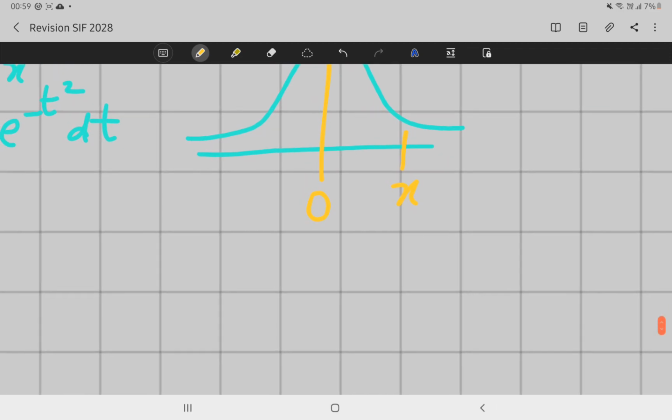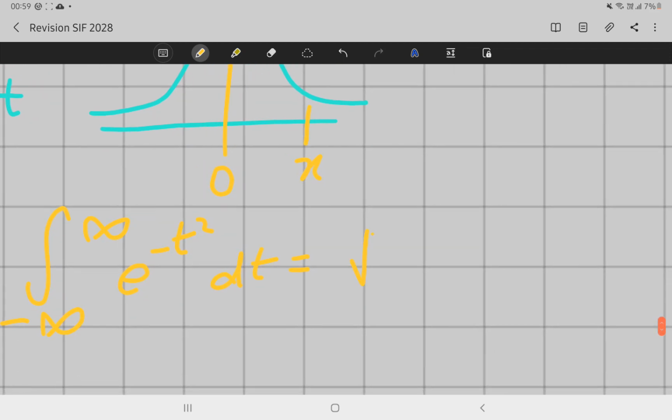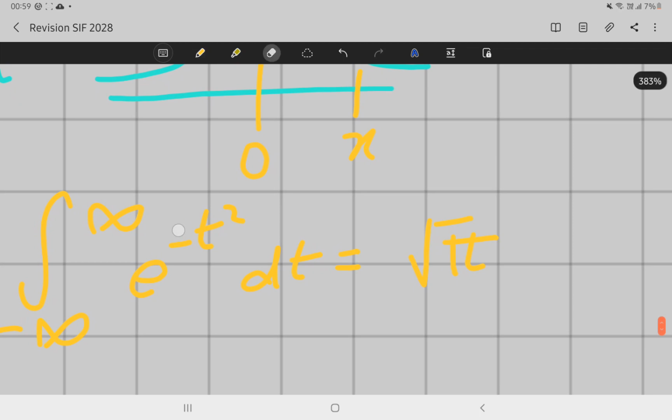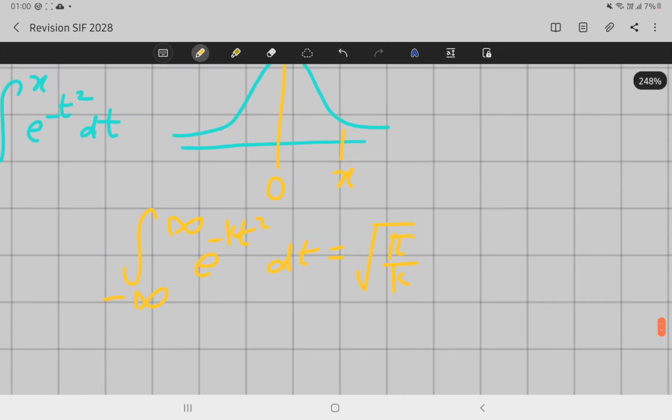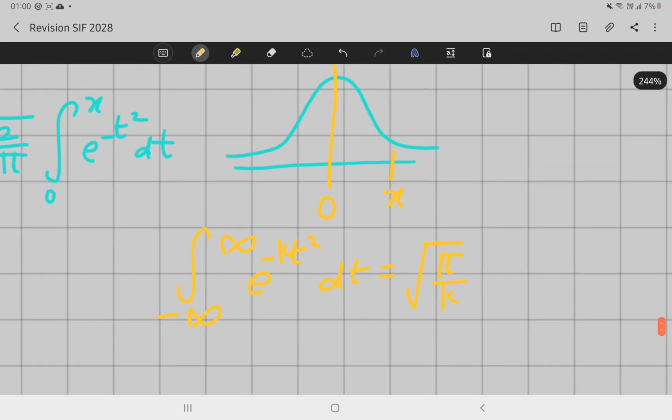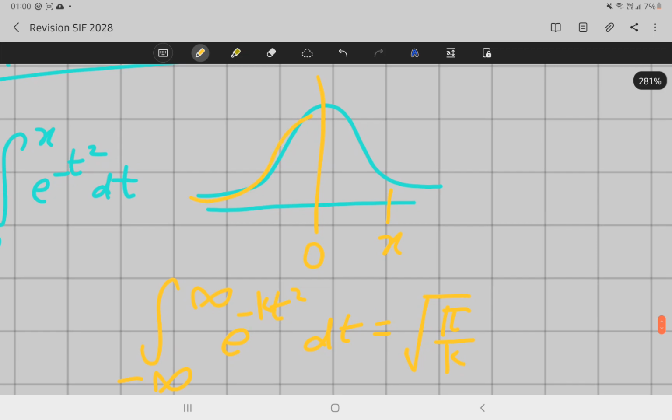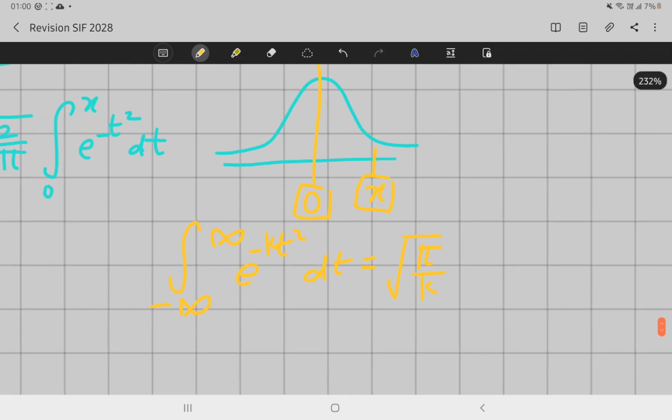Usually you realize that the integration from minus infinity to infinity of the Gaussian curve dt is the square root of pi. When you have, for example, k over here, minus k, more generally it is the square root of pi over k. So that's all about the Gaussian curve. For the error function it is a Gaussian curve, but we are integrating from 0 to x, not from minus infinity to infinity. That's the only difference.